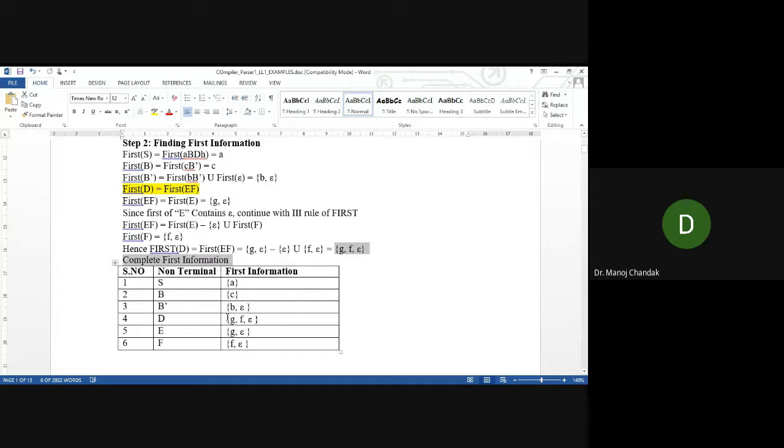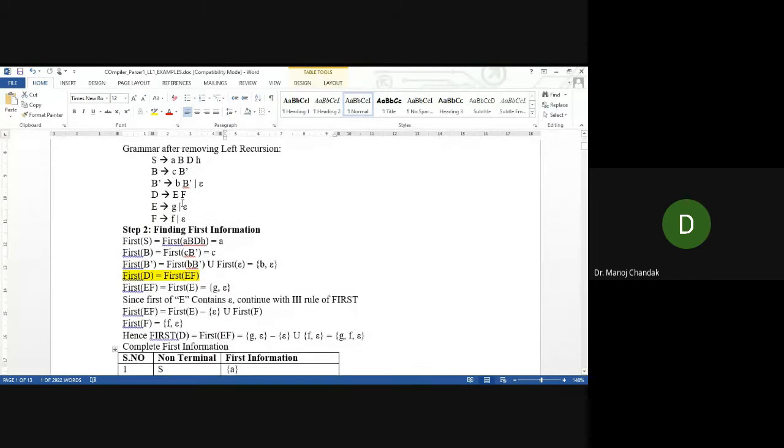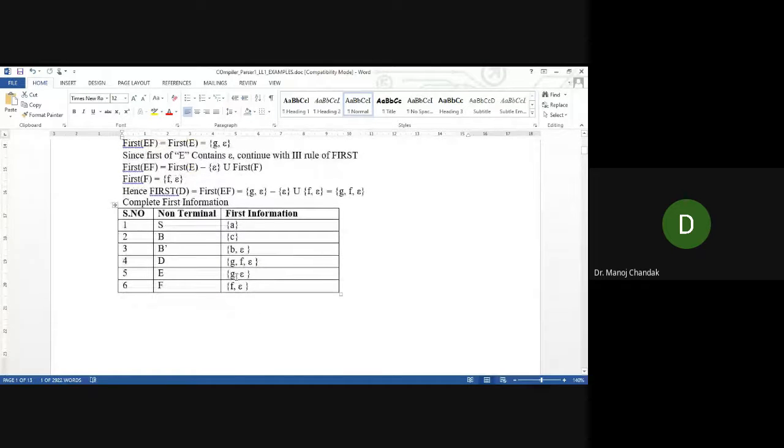You can see that in D we have G, F, epsilon. You will never see in the first set of a non-terminal only epsilon. That is not permissible. But epsilon is permissible if it is accompanied by another symbol.